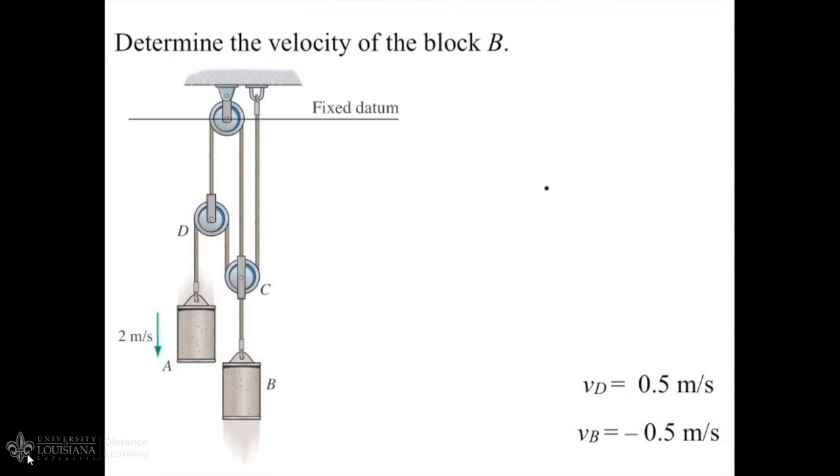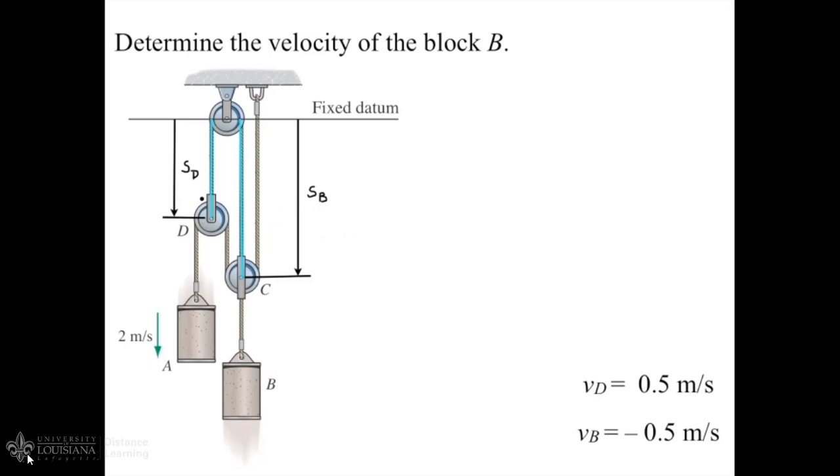So let's go ahead and set up our fixed datum like this, and we'll consider first the chord right here. We'll need a position coordinate going down to this point. Refer to that, of course, as S sub D. And another position coordinate going down to here. We'll refer to that as S sub B, because if we know the motion of this point, we know the motion of the block.